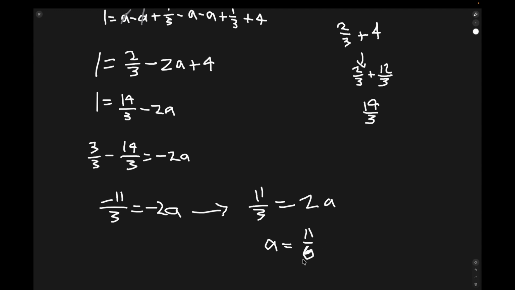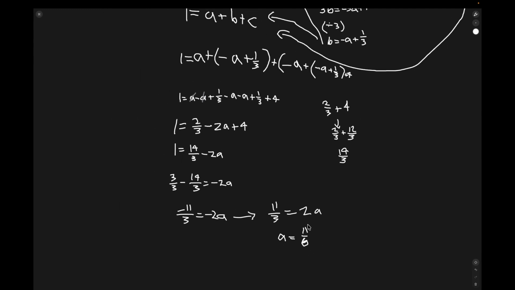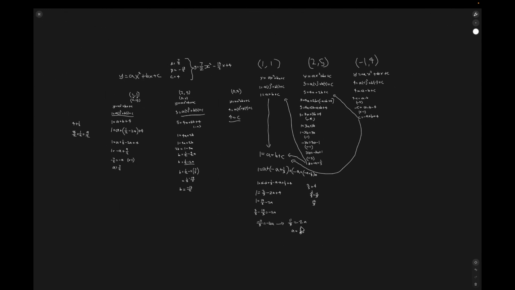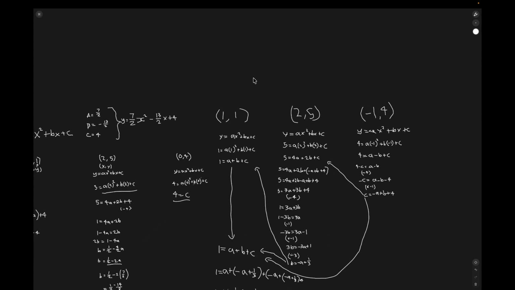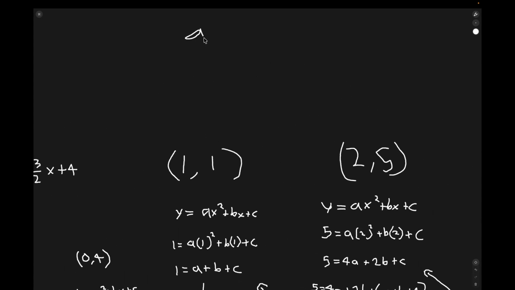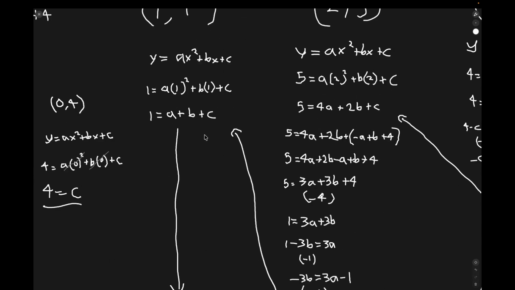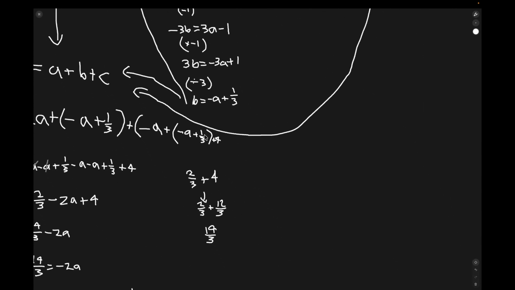Now, so we know that a, oh my god, we just did all that for a. Okay, so now we know that a. Now to solve for b, it's actually a lot easier.